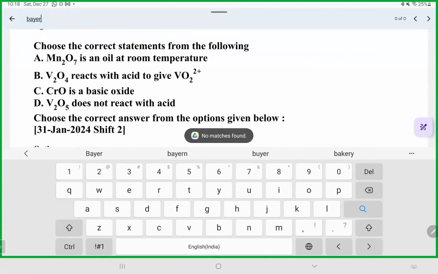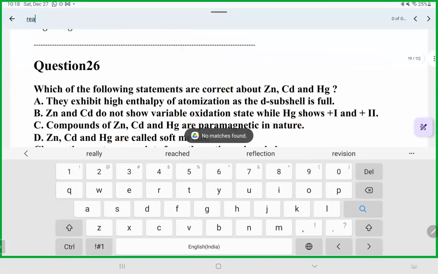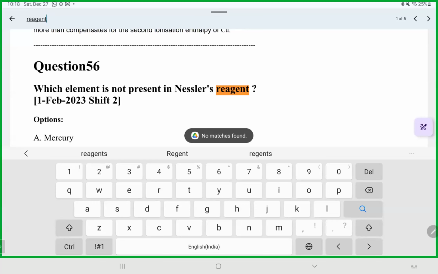What is the spelling of... I still remember. I don't know whether it was in chemistry.